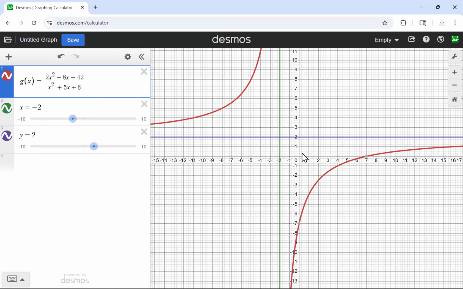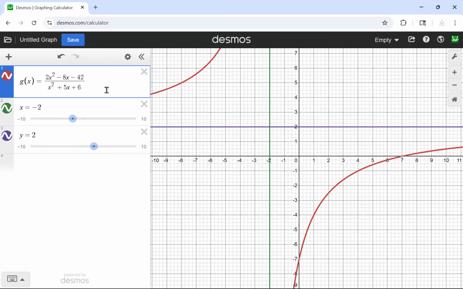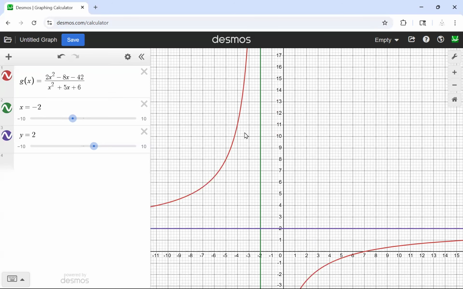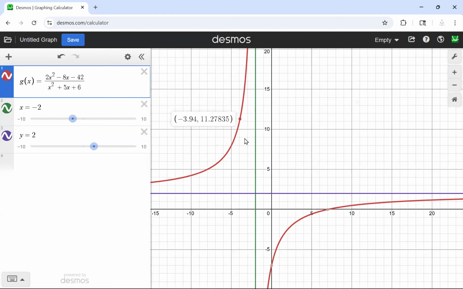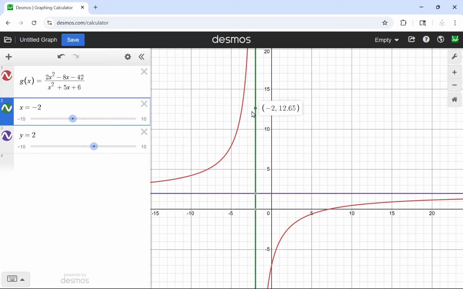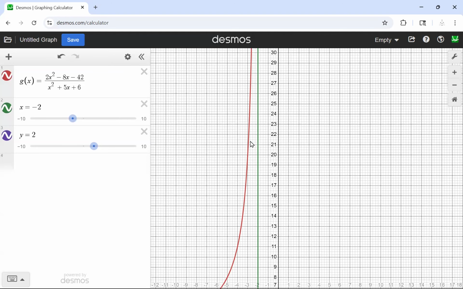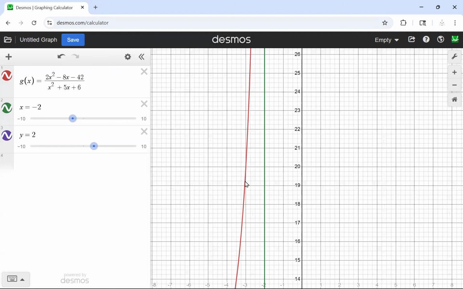Now, one little fun fact here, because x plus 3 was a factor of both the top and the bottom, if we trace this function to -3, I might have to zoom in a little bit. You'll see that there's an undefined point when x is equal to -3.